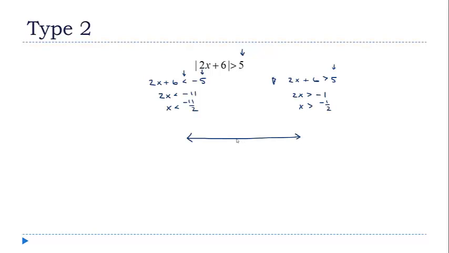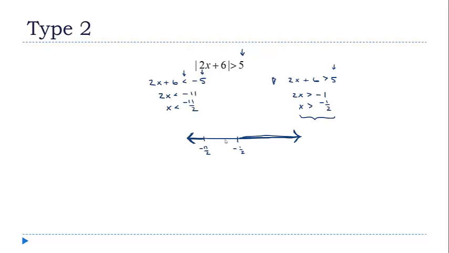I'm going to do negative 1/2 and negative 11 halves. For this inequality, I need the numbers that are greater than negative 1/2. So that's everything over here to the right. And for this one, I need everybody below or less than negative 11 halves. So those are the numbers over here to the left.